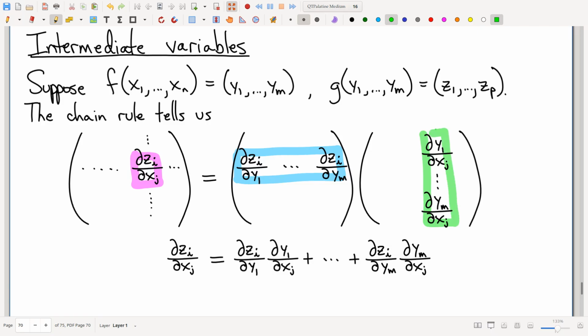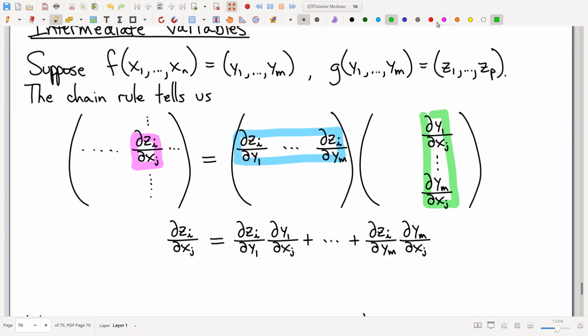And when you do the resulting dot product, the thing you're interested in is going to be a literal dot product of this blue row with this green column. And so you get this formula right here.